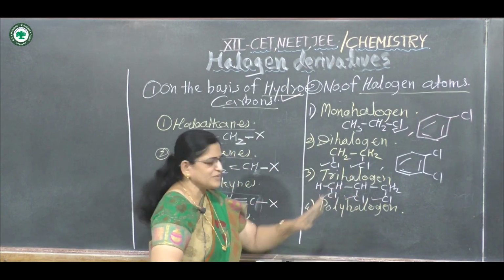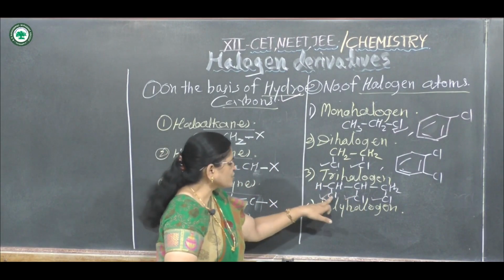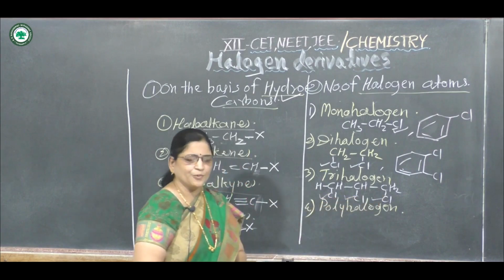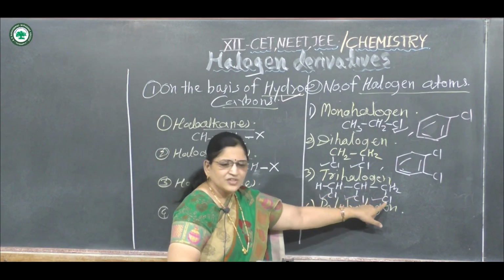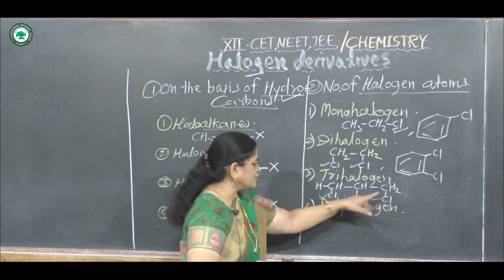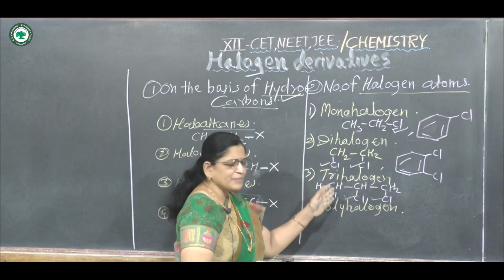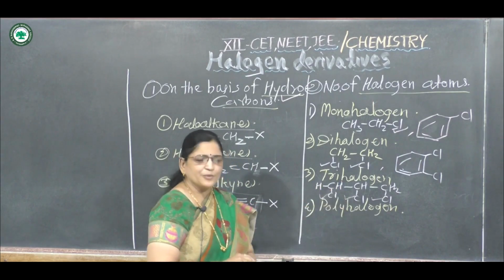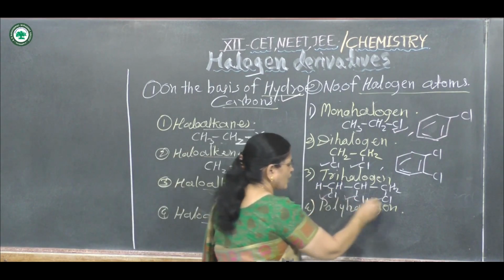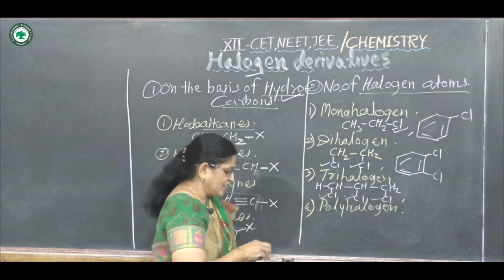This is an example with chlorine atoms. This is called a trihalogen derivative because in this compound there are three chlorine atoms attached to different carbon atoms. They may be attached to the same carbon atom or different carbon atoms. Hence it is called a trihalogen derivative.